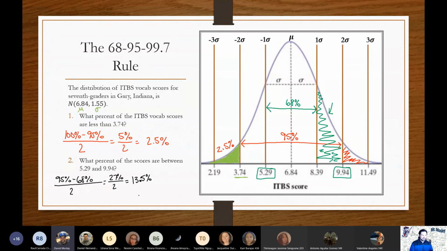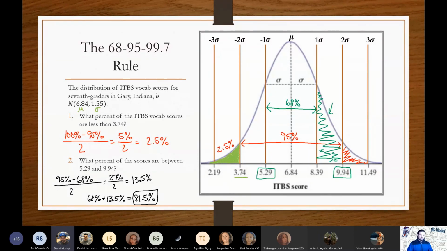And then we add that to the 68. And that gets us 81.5%. So we have 81.5% of the scores are between 5.29 and 9.94.